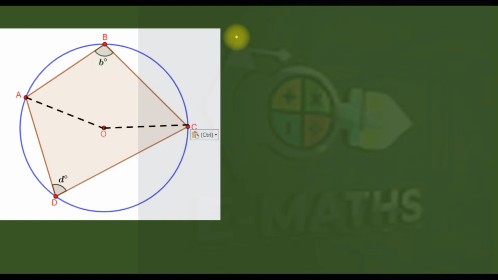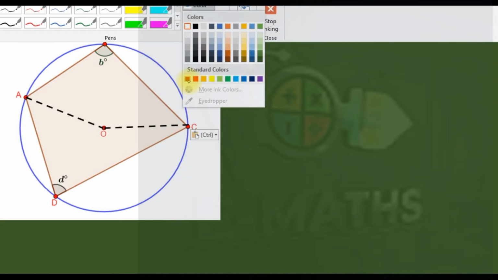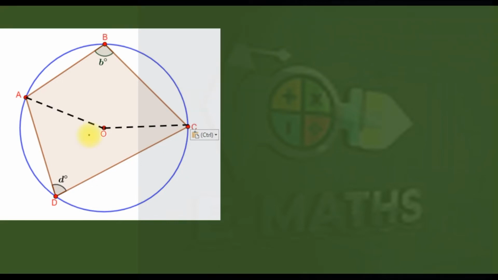So you see that this angle, using our inscribed angle theorem, is 2D, while the angle here is 2B.